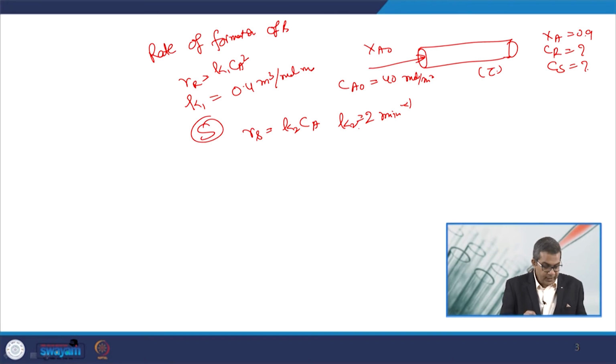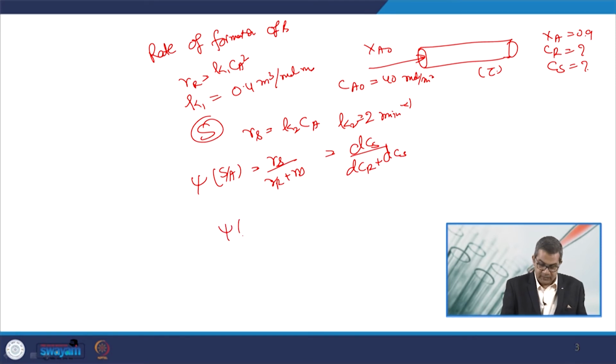Now for the desired product S, the instantaneous fractional yield, we discussed this earlier. So the instantaneous fractional yield psi is given as Rs upon Rr plus Rs, that is dCs upon dCr plus dCs.